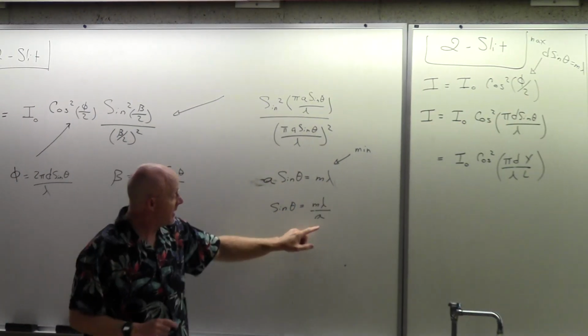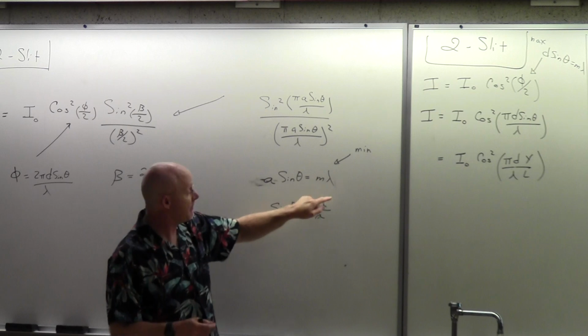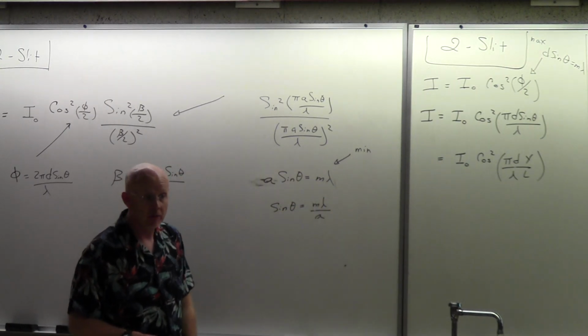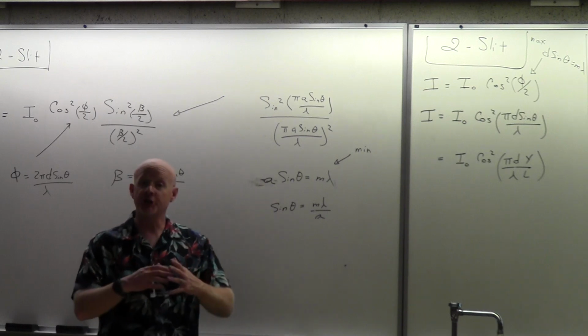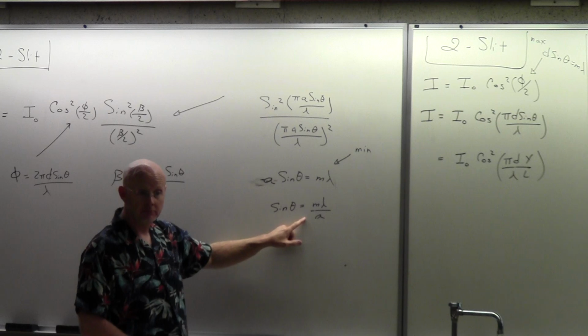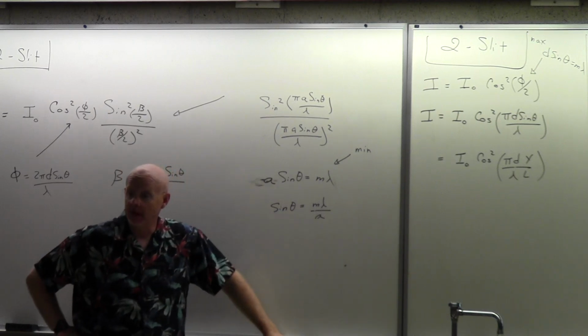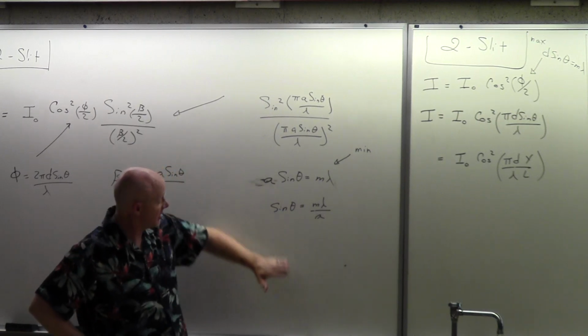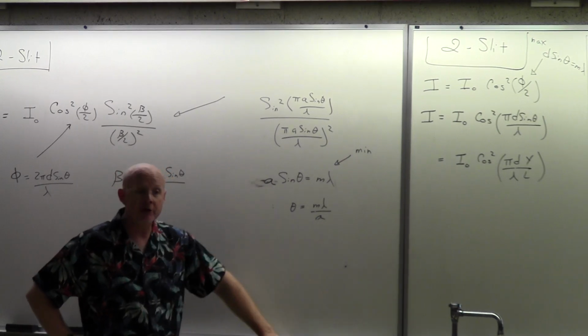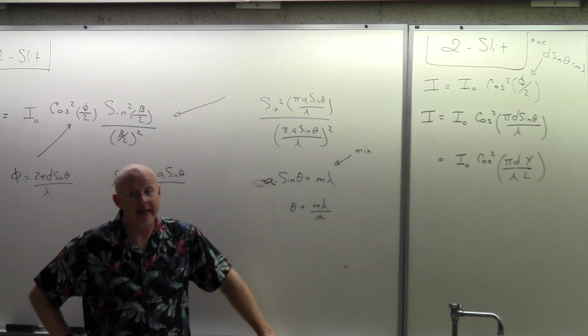I mean, that hole's got to be 1,000,000 times bigger than that wavelength. And so how much spreading do I have? Well, about 1/1,000,000th of a radian. I mean, the angle's so small, I'll just do small angle approximation. Right? So there's my spread. 1/1,000,000th of a radian. That's not much.